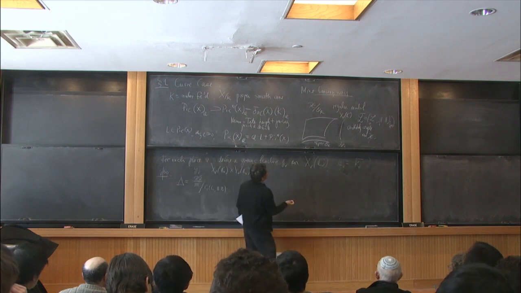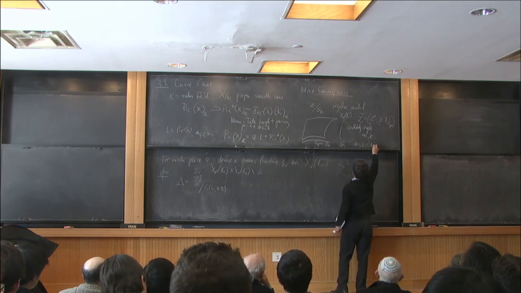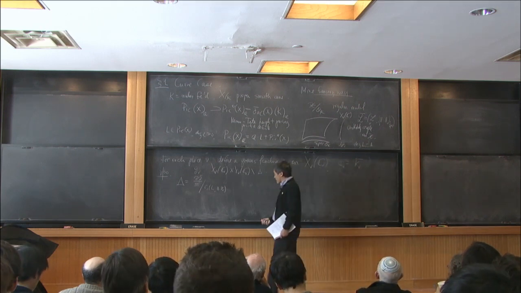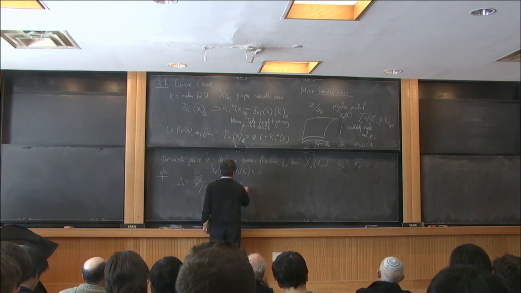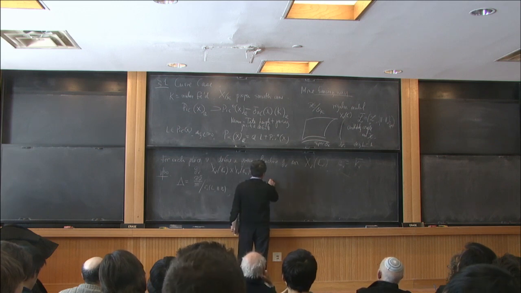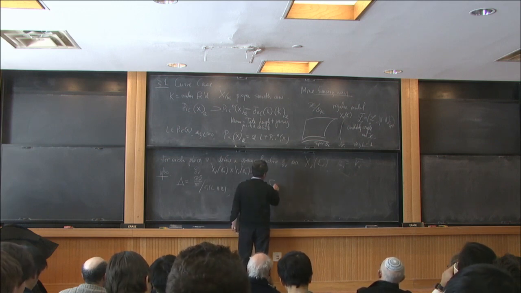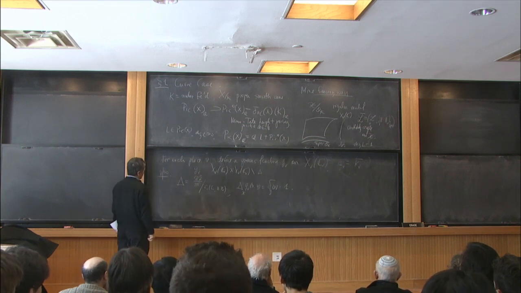For simplicity, let's assume that the degree of L equals 1. So this is the Laplacian operator. Then you require the Laplacian of g_v(x,y) equals delta_y(x) minus 1. That's the equation you're solving.